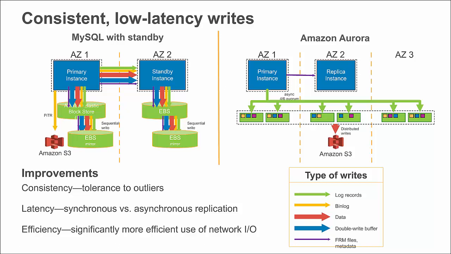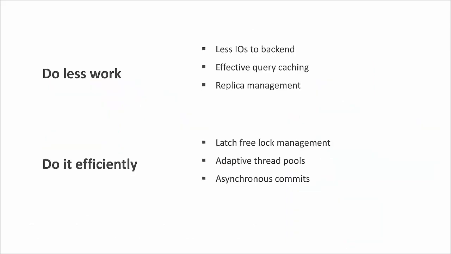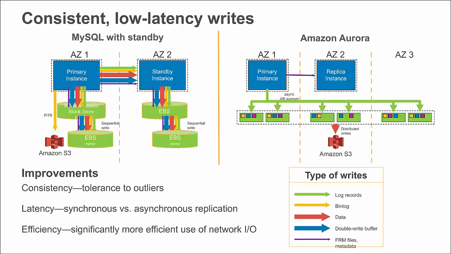Some of the tests that we have done prove that we are cutting down the network traffic and I/O by almost 90% in Aurora versus MySQL. So we are doing less work and doing it much more efficiently than MySQL, and potentially a lot of other databases. That is what gains so much efficiency and performance when it comes to what Aurora does.